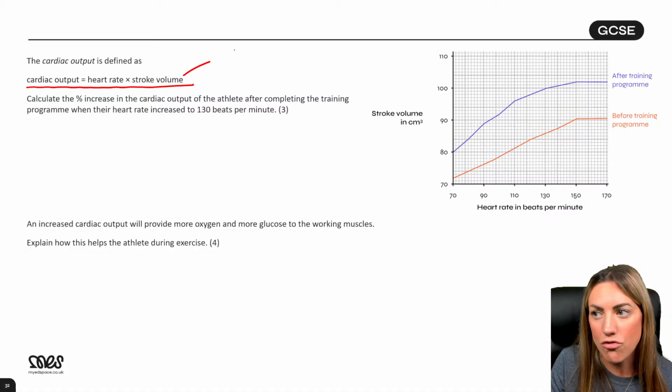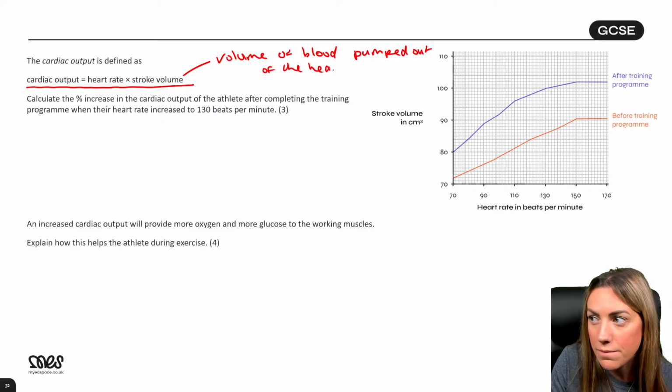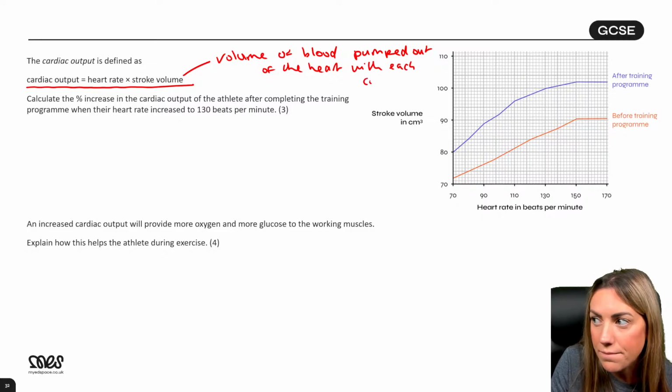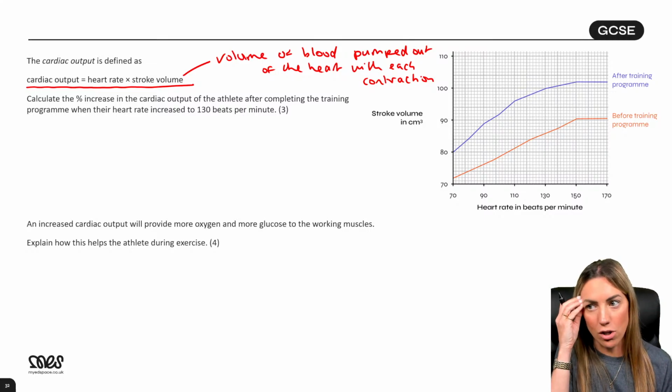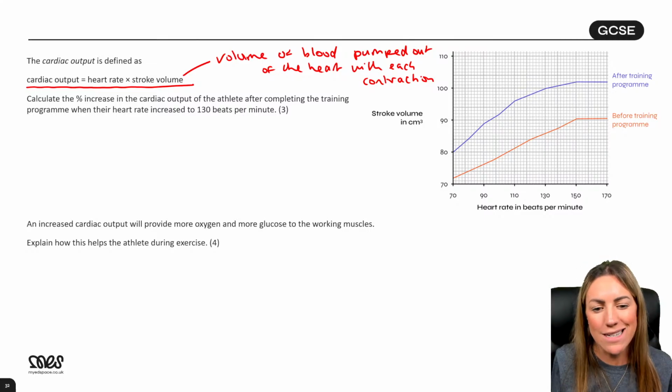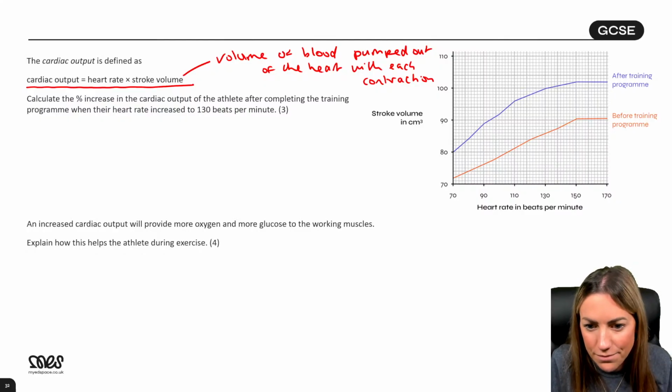If you don't know what stroke volume is, it's the volume of blood pumped out of the heart with each contraction. It's the volume that actually gets pumped out every time your heart contracts. And obviously your heart rate is just your beats per minute. How many times does it beat per minute?